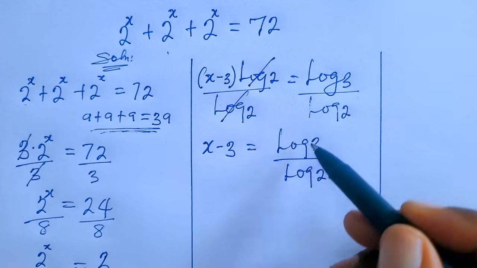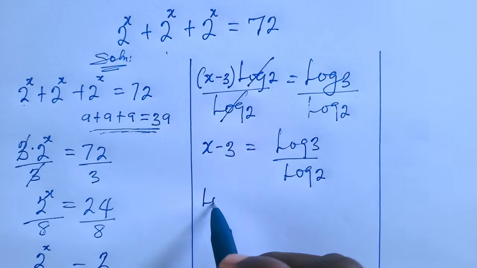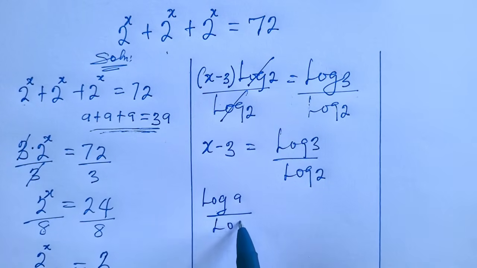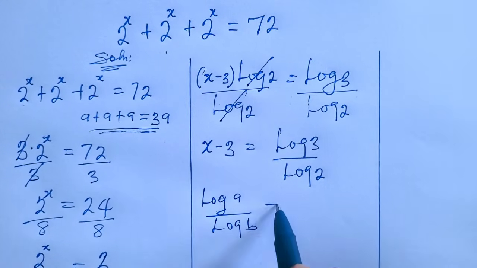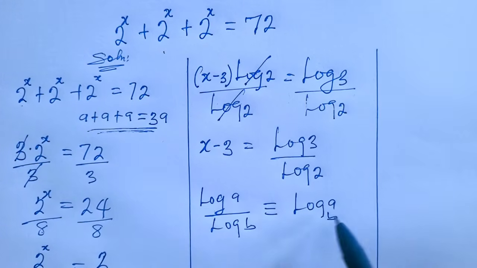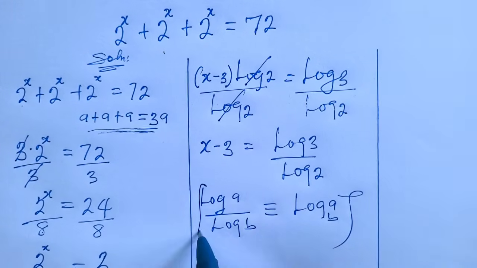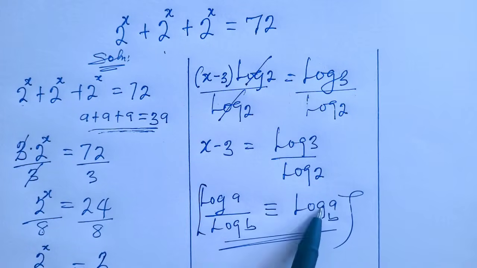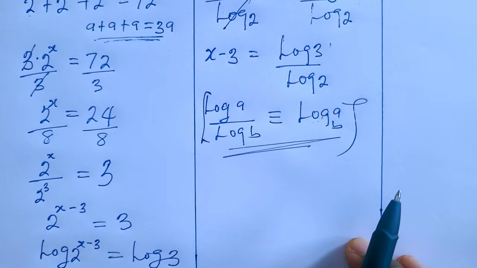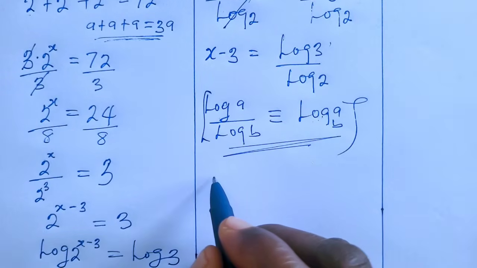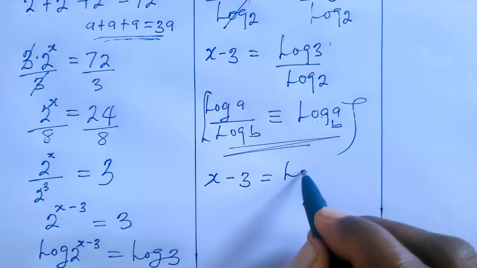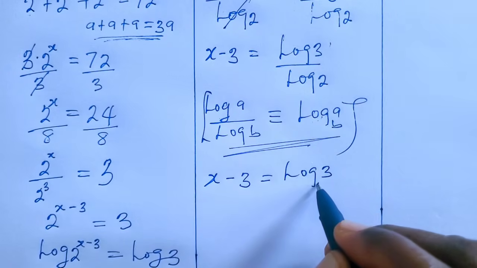And at the right hand side of the equation, recall that if you have log A divided by log B, this is equivalent to log A base B. As such, you are going to apply the same principle right here, and the expression becomes x minus 3 equals log 3 base 2.